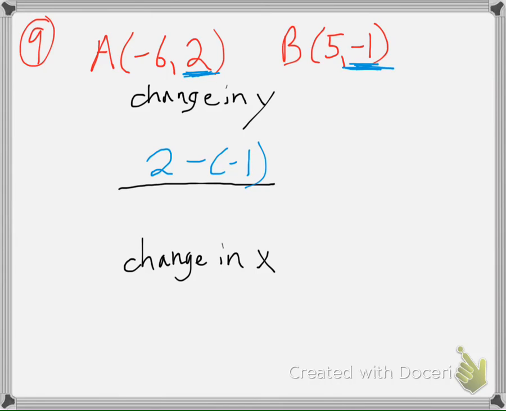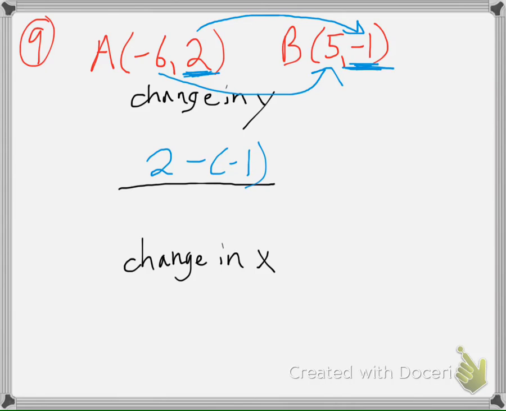The only thing you have to remember is, if I do the first one minus the second one, then on the bottom I have to do the first x value minus the second x value. Whereas if I did -1 minus 2, then I would have to do 5 minus -6. So it doesn't matter which order you do it in, as long as you do the y values and the x values both the same.